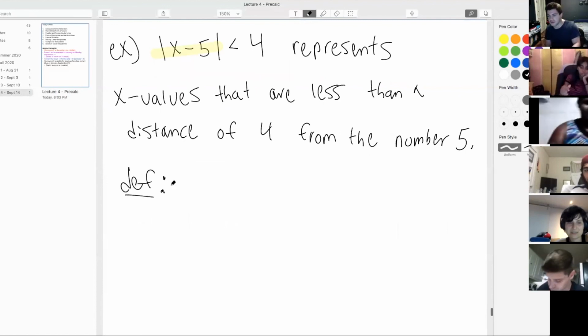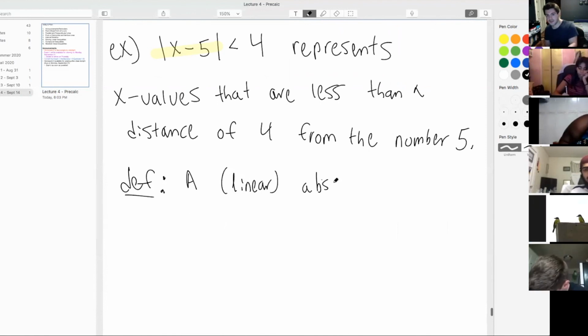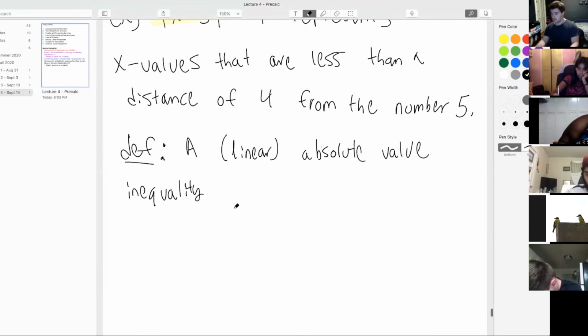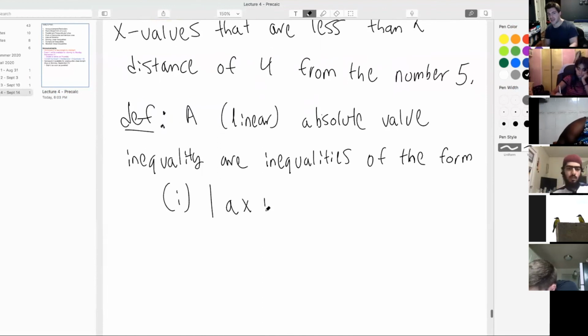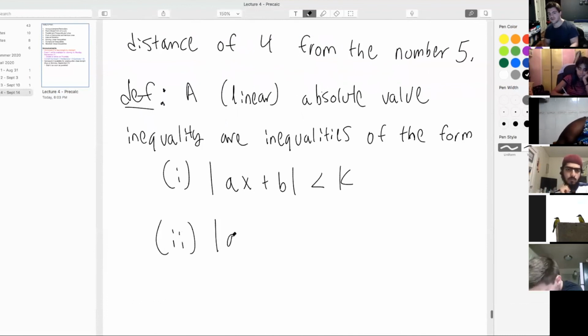Okay, so let's just get right to it. So definition: linear absolute value inequalities are inequalities of the form, and they come in two flavors, okay? One, absolute value of ax plus b is less than k, or the absolute value of ax plus b is greater than k.